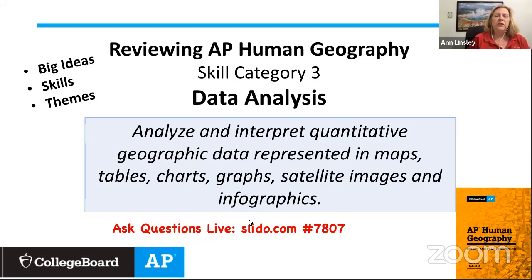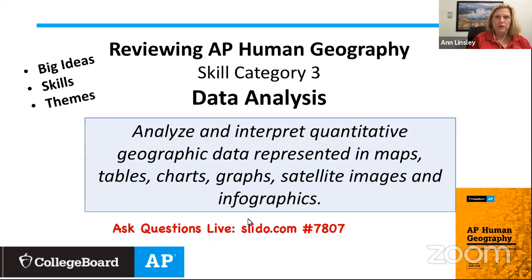Geography in general is a spatial course, and spatial means what takes up particular places and what functions in those places. All of that is data. So the foundation of our spatial study is actually data, and what we do with that data and how we interpret that data.